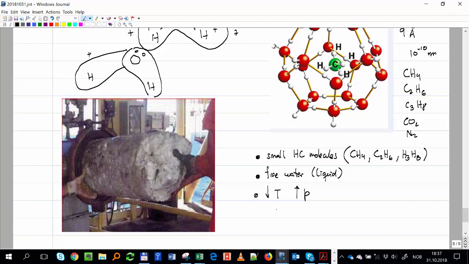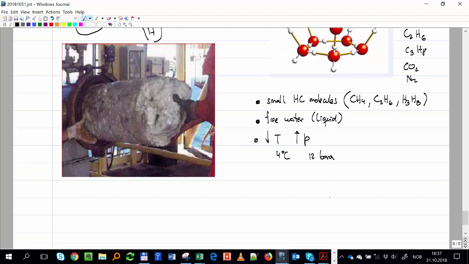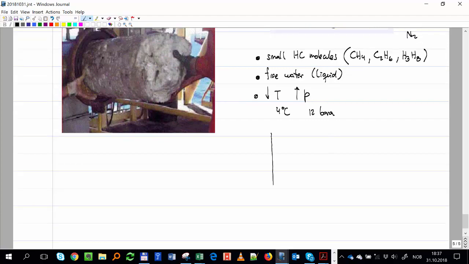Okay, and here temperatures, we're talking about 4 degrees Celsius, for example, for 12 bar. But the curve actually looks something like that. So here I have pressure, here I have temperature, and it does something like that, very sharp.